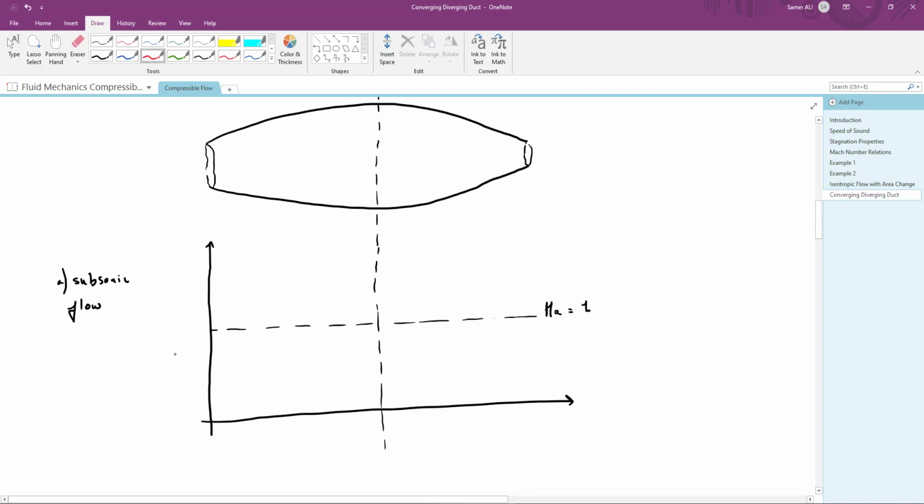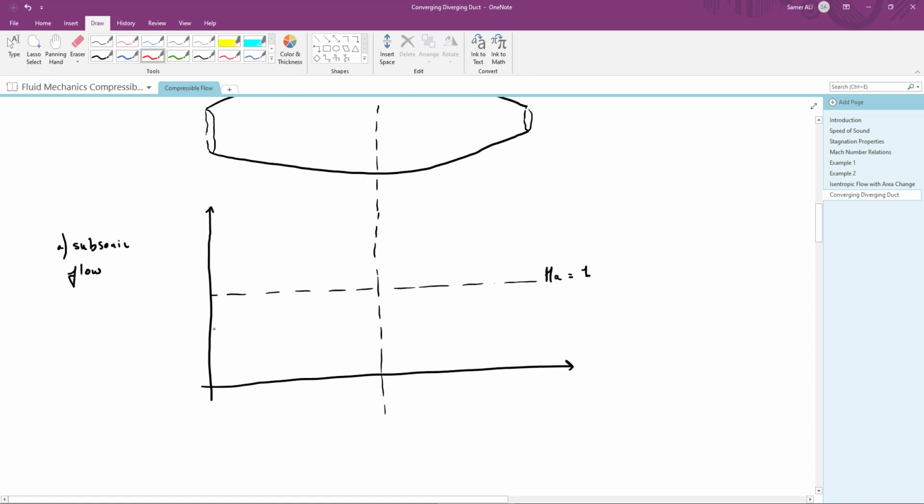Starting at subsonic condition at the inlet, here we have this diverging part. So the diverging part will act as a diffuser for subsonic flow. So the Mach number will decrease until it reaches a minimum value at the maximum area location. And in fact here you can see that the flow is moving away from the sonic condition at the maximum area location.